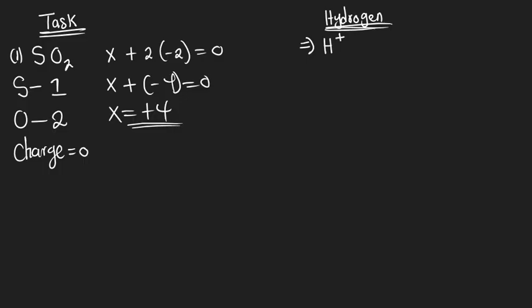So instead of having -2, we shall be having +1 in hydrogen. So whenever they want you to find the oxidation number and there is hydrogen in there, don't even waste time. You will be adding 1, depending on the number of atoms given.